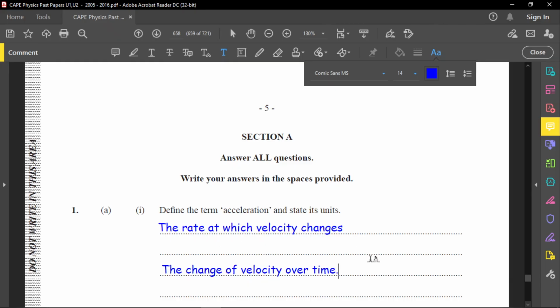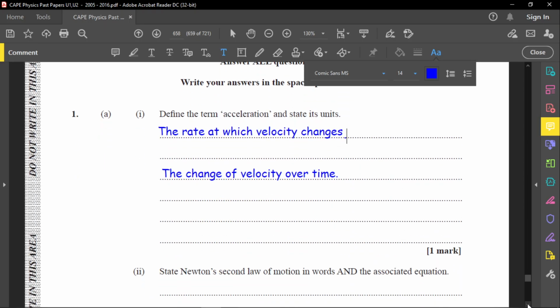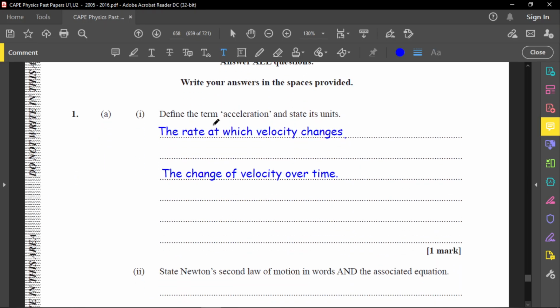Now the units for acceleration, I'm going to write it in two ways, which is meters per second squared.